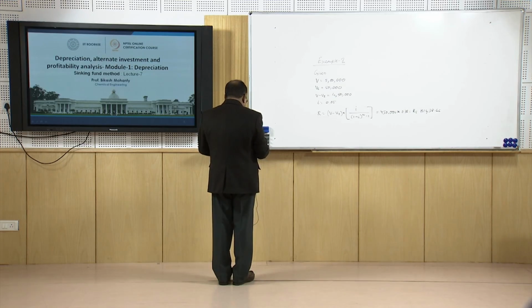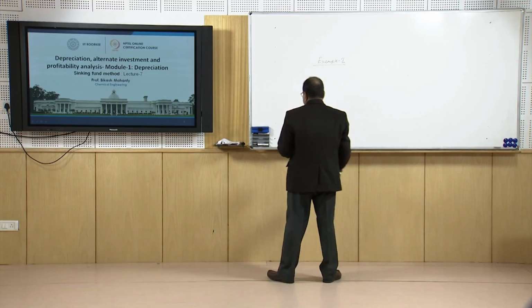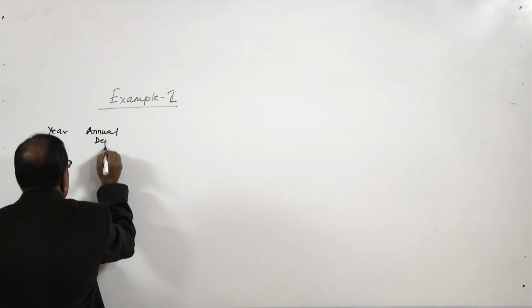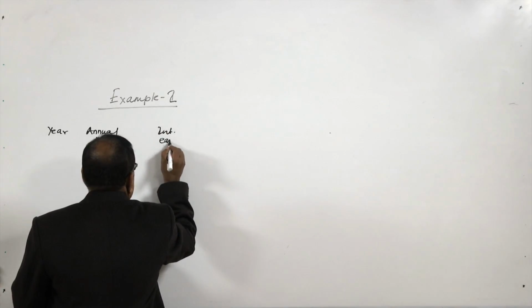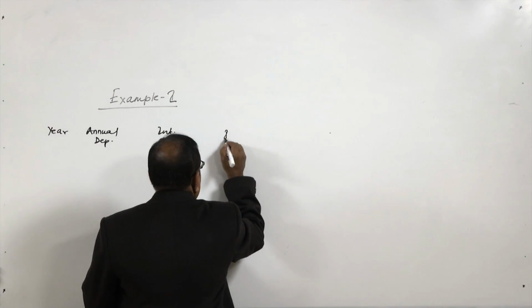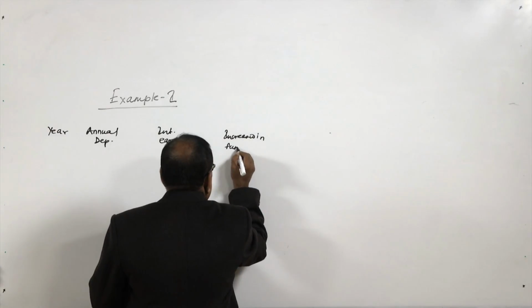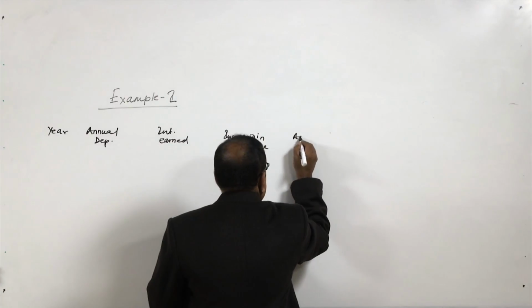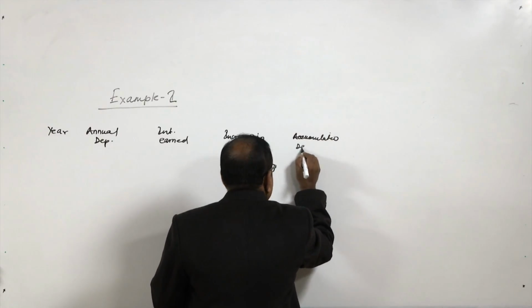Now, the interest earned at the end of the second year. Again we draw the same table: annual depreciation, interest earned, increase in fund value, accumulated depreciation.